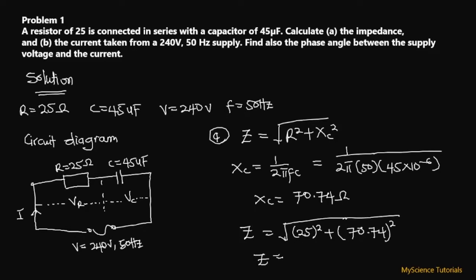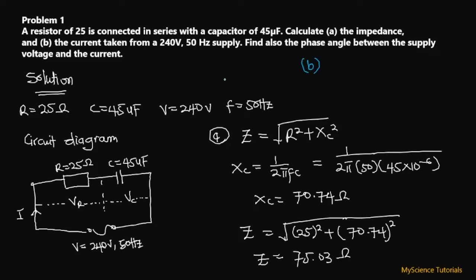If I compute 25 squared plus 70.74 squared into my calculator, the root of that answer will give me 75.03 ohms as the opposition to the flow of the current in this entire circuit, or as the impedance. So now that we found the impedance, let's go ahead and tackle the B aspect of this question.